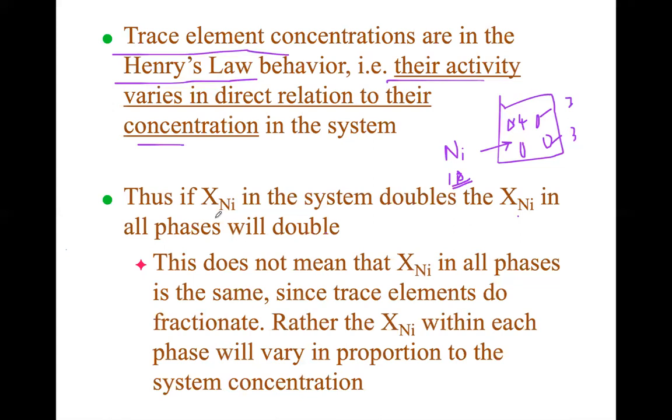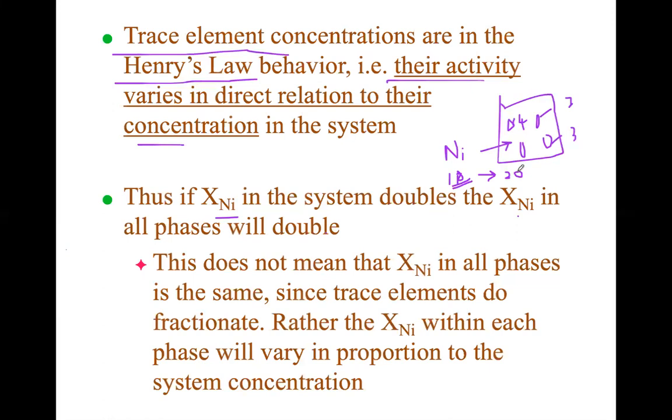So if you take nickel as a trace element and its concentration in the system as X nickel, and you make it double due to some process, that means you make this 10 into 20 somehow during this magmatic evolution of the system, maybe magma mixing or further melting or remelting or whatever.